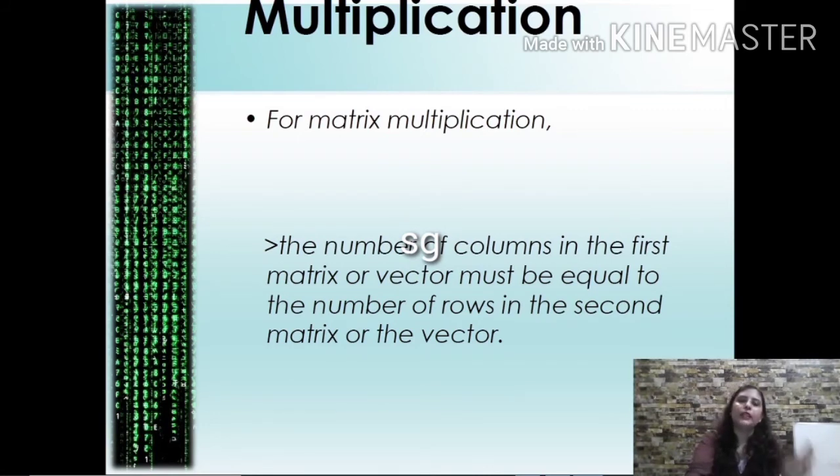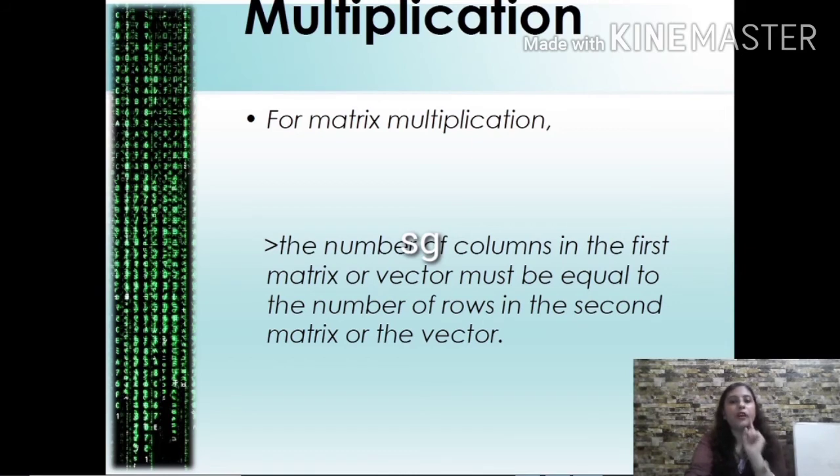Firstly, when we are taking two matrix multiplications, the first matrix and the second matrix need not be of the same order, right? We do not have to have m cross n and m cross n as in the case of addition and subtraction. But what is vital, please check what has been written in the PPT.